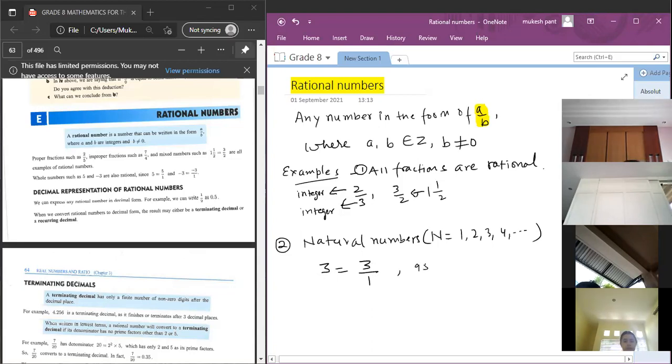Suppose it's 95, we can write 95/1. And you can see both upper and lower parts are integers. So all this shows all natural numbers are rational.